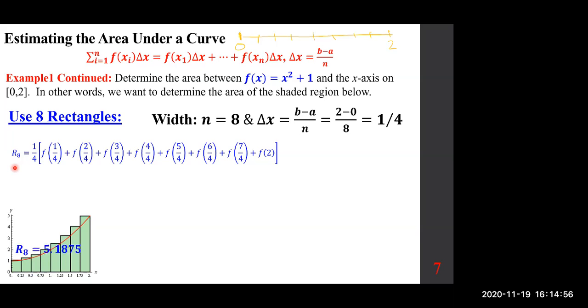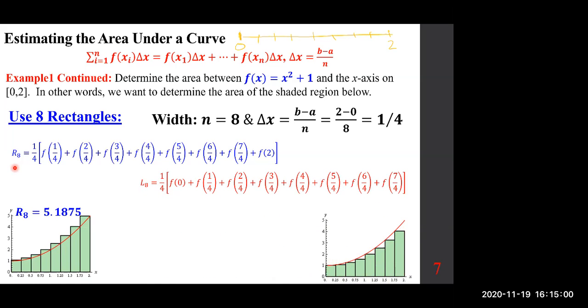And for the left, you use all of this, again, going back to this line segment, it's truly helpful. All of those except two. So take a look. So you have f of 0, f of 1/4, and so on and so forth. Again, you have an answer, and notice what's in common.